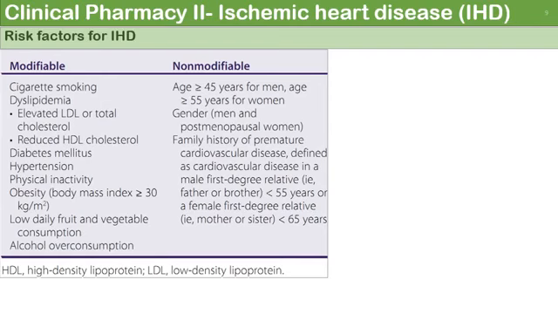The family history: positive family history for premature cardiovascular disease, especially in a first degree male relative like father and brother, or first degree female relative, mother and sister, means the patient may have signs and symptoms of ischemic heart disease earlier.